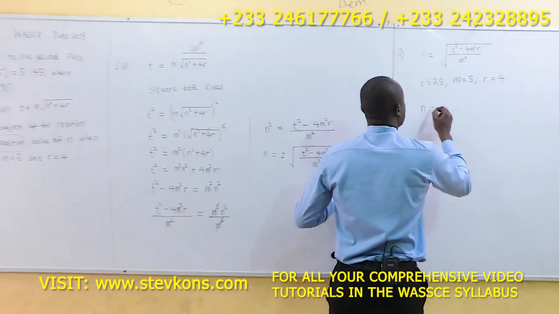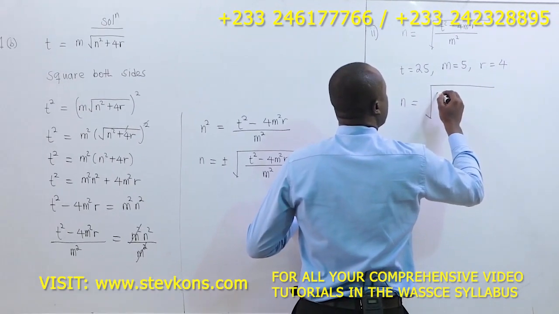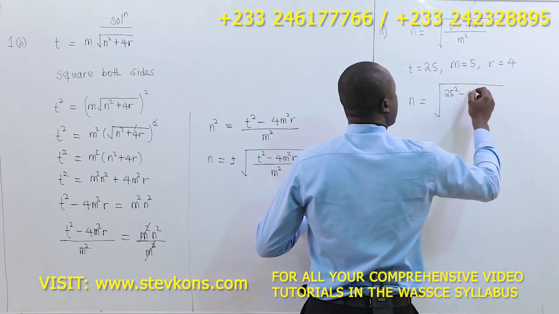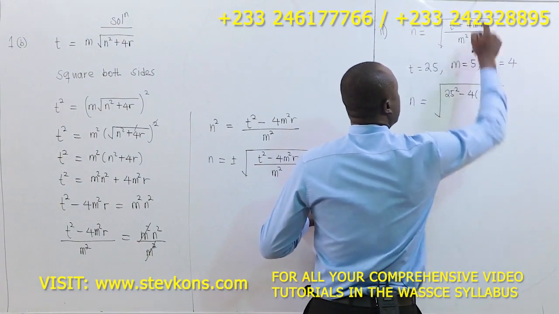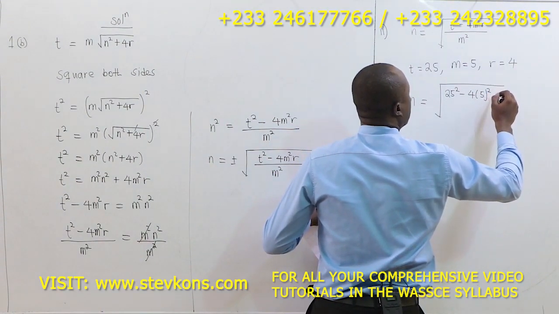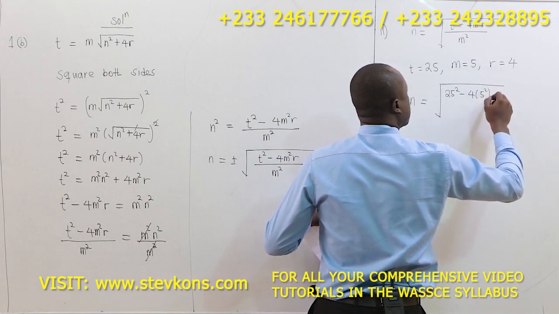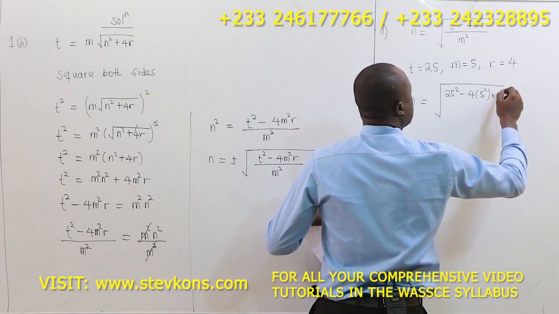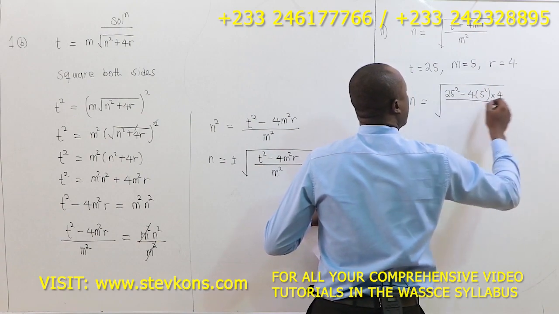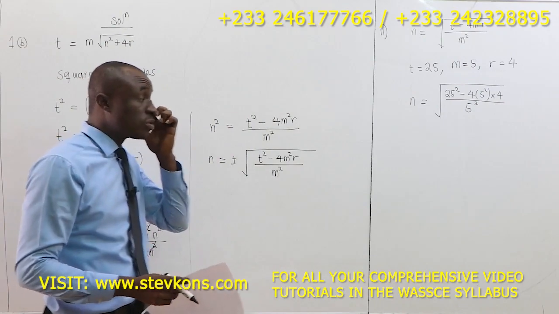So our n will be equal to the square root of t squared, so we have 25 squared minus 4, substituting m squared, so we have 5 squared, or we can write that m squared like this, times r, which is 4, all over m squared, and that is 5 squared.